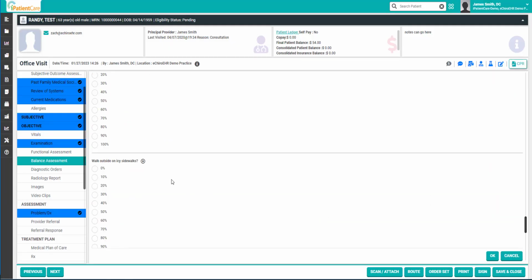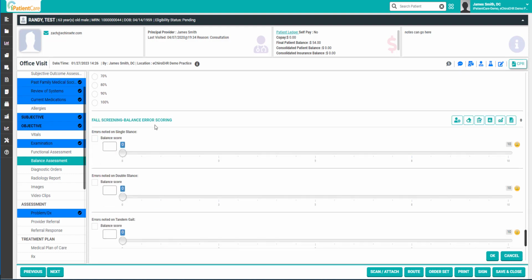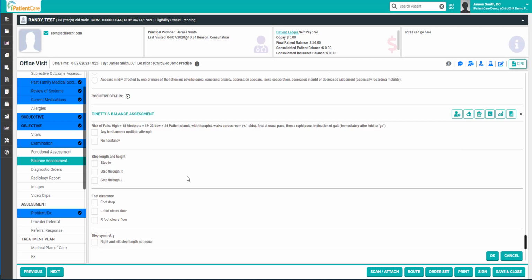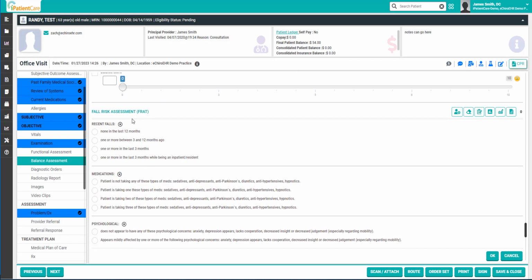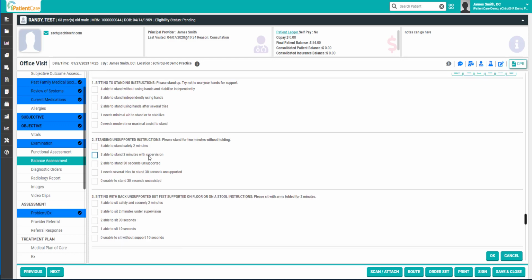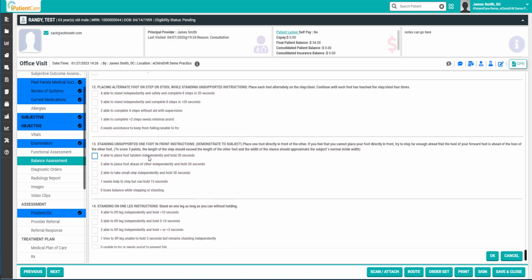And then that brings the next test up, which is fall screening, balance error scoring, Tinetti's balance assessment, risk assessment, and a number of other tests that we have available already in the system. And whatever is not in the system currently can be added to the system.